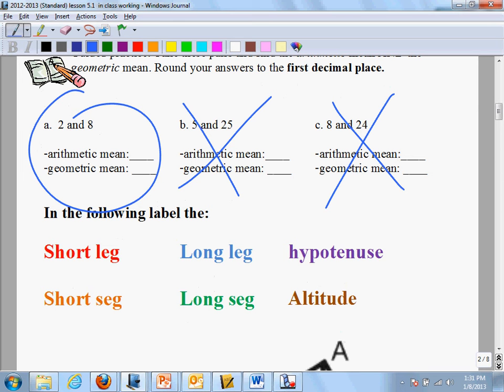Find the arithmetic and the geometric. You're only doing A, please. I'm going to test you guys in about 30 seconds. Find the arithmetic mean, and then find the geometric. Oh, I got it.